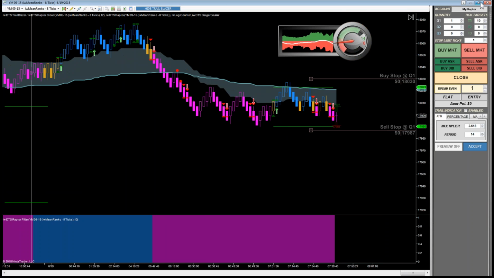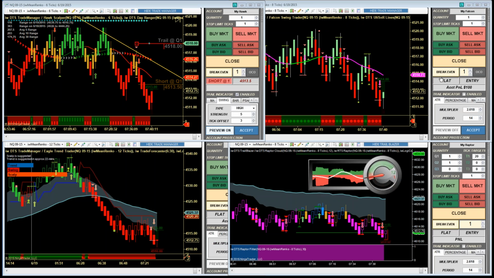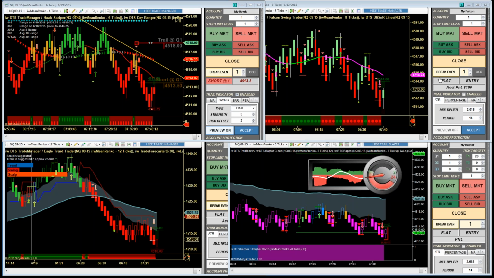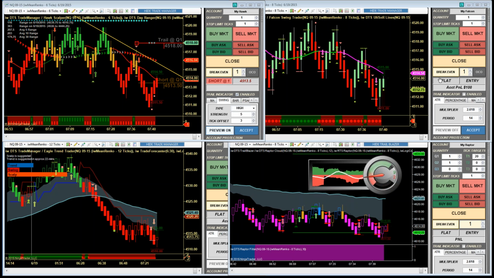Geiger counter full on red now, so we're going to see a little bit of a move here lower. Either the sellers don't want to take it or the buyers don't want to give it up. It's hard to say at the moment what's going on.